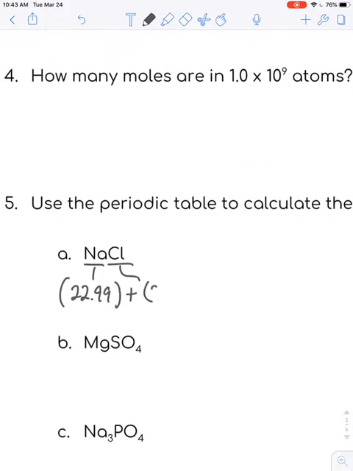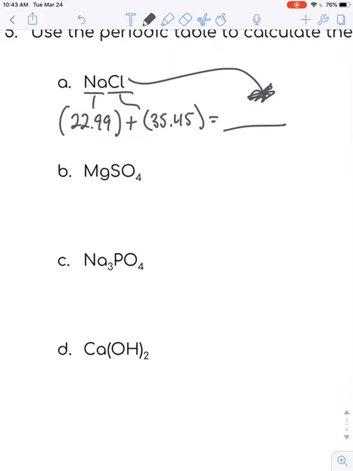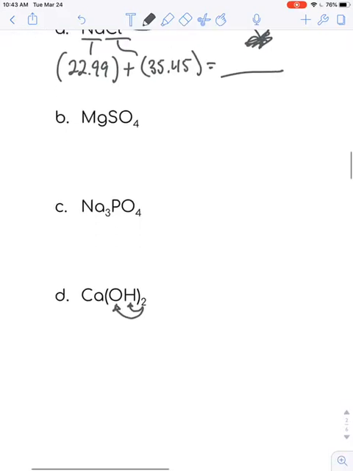We're going to add that in here. And all we have to do is add those two numbers together, and that would be our total molar mass for NaCl, okay? They get a little bit more complicated. Don't forget that when you have the parentheses, that 2 is going to distribute. So we would have 2 oxygens and 2 hydrogens in that example.